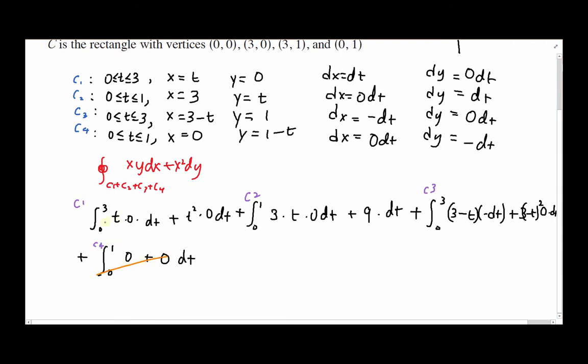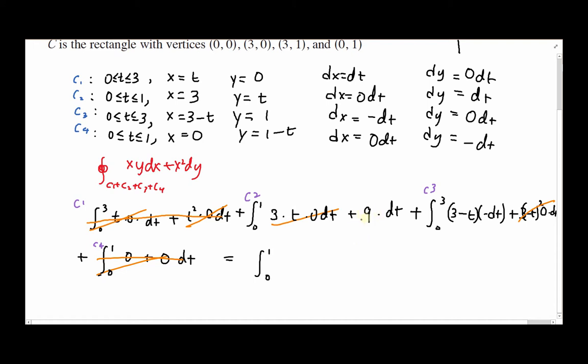Gone. This side is gone, so that whole thing is gone, and this is gone. So there only leaves two integrals that we can evaluate.